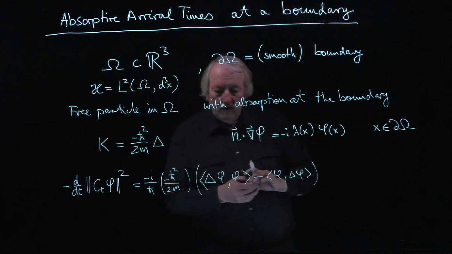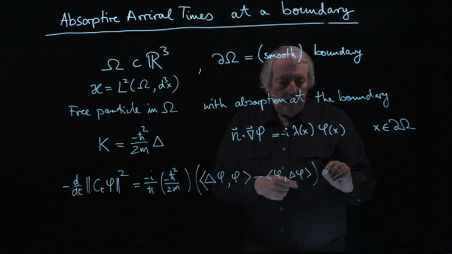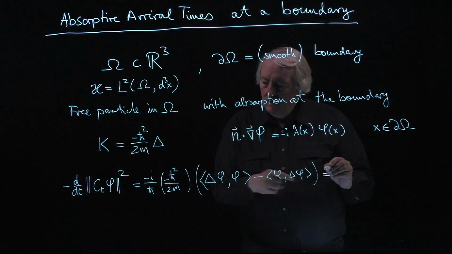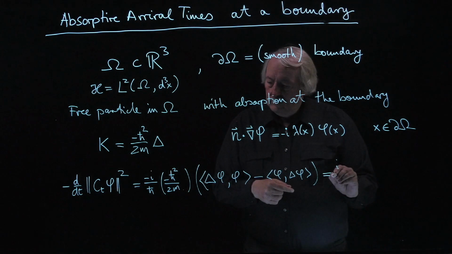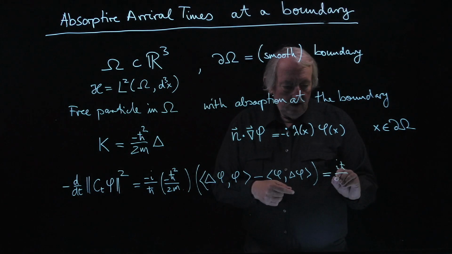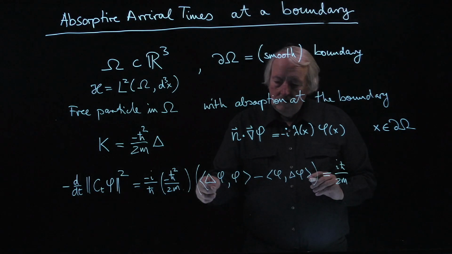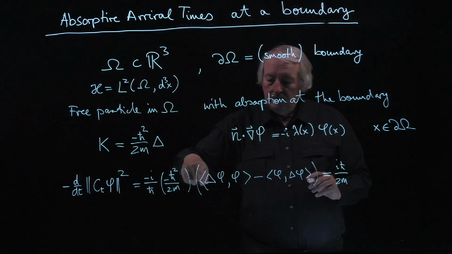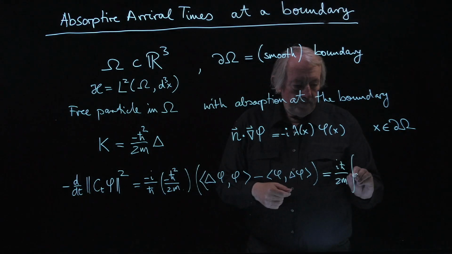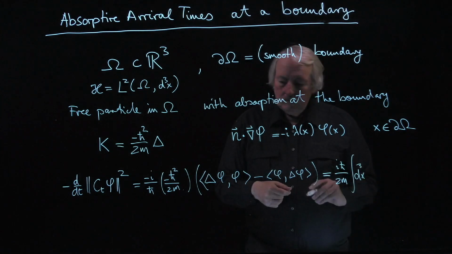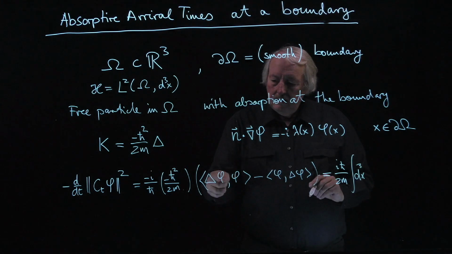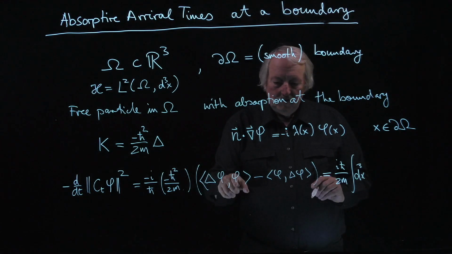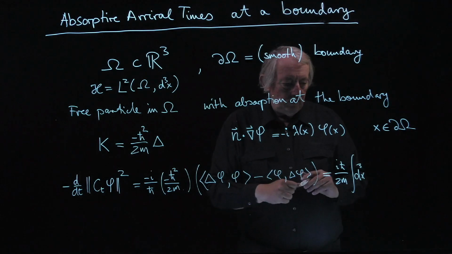Okay, so we convert that using something like Green's formula. Actually, I just use Gauss's law. That's easier. So we have i h bar over 2m. Now this is an integral. This scalar product is an integral over omega, and the integrand is the Laplacian of phi, complex conjugate, times phi minus this other combination.